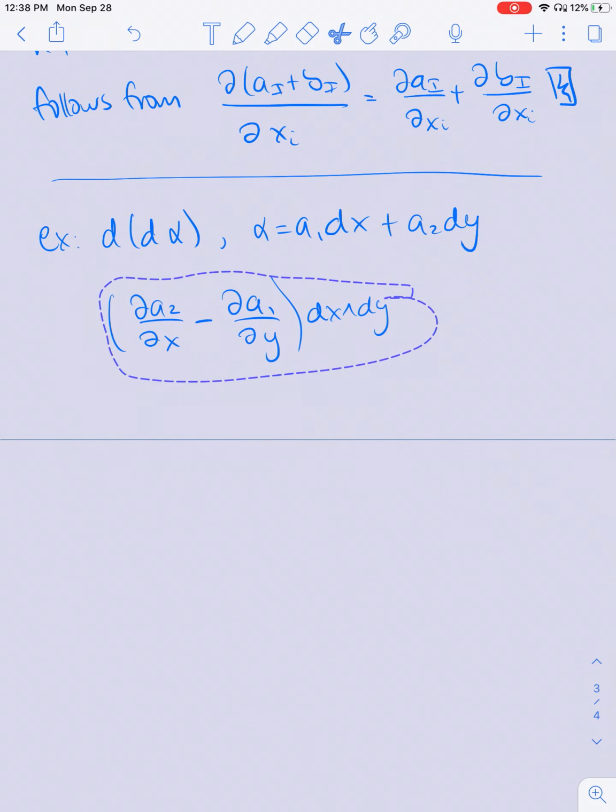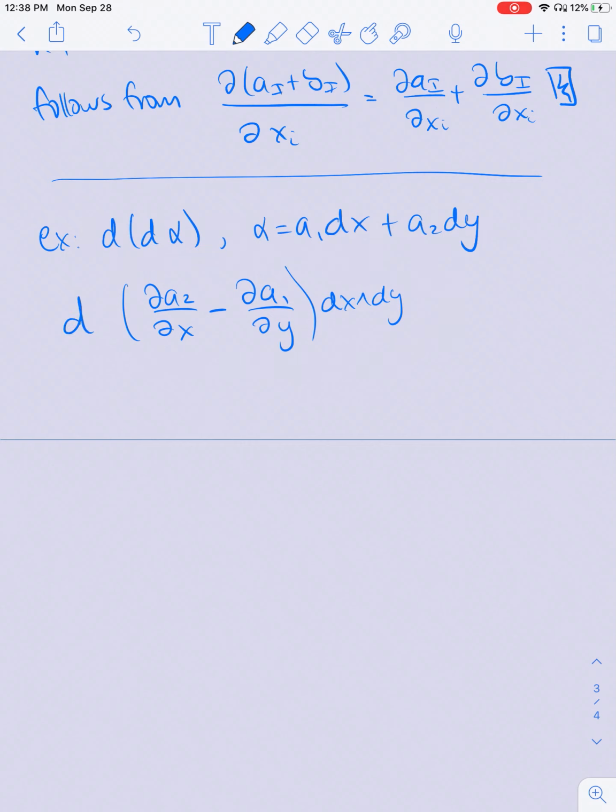And let's now take d of this. So what I'm doing now is I take d of this function. I mean, this is a little bit silly because I'm now taking d of a 2 form, and we know that that should be a 3 form, and there are no non-zero 3 forms on R2. But anyway, we'll just go through the process, which you can then hopefully see how it generalizes.